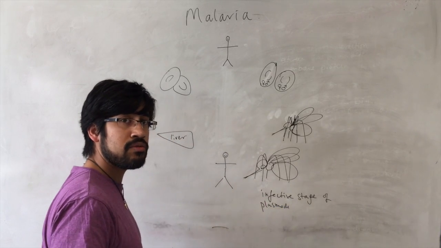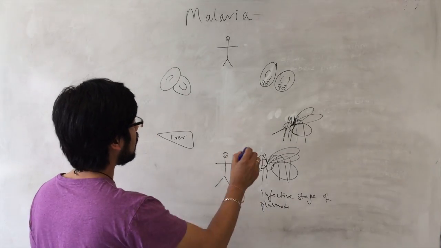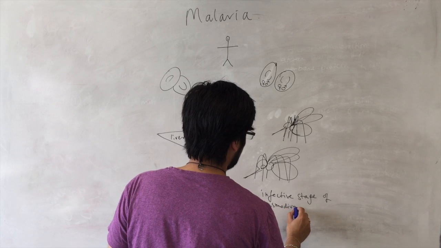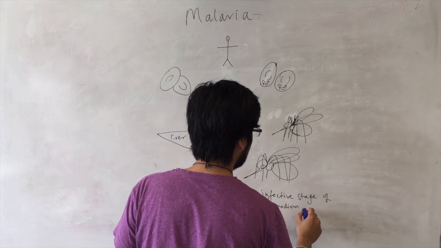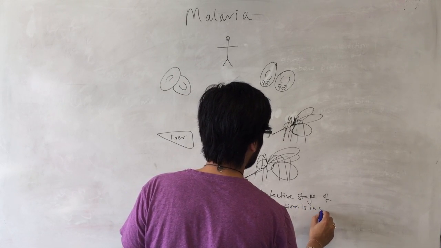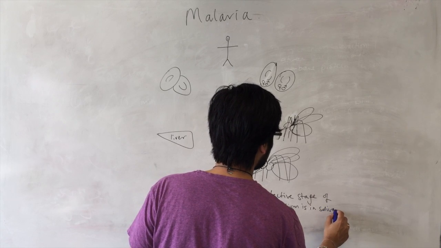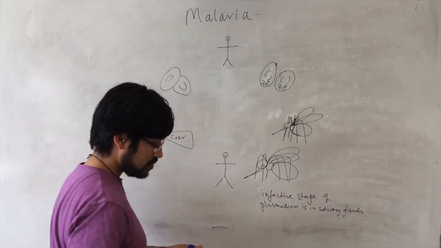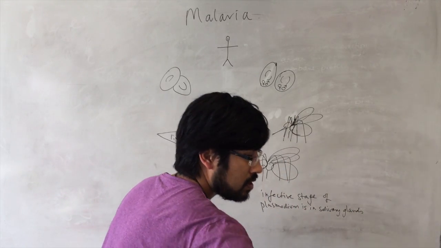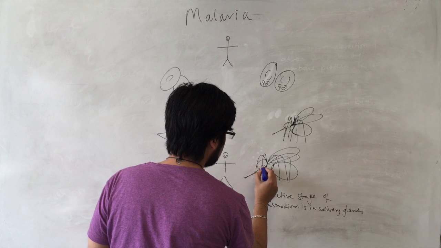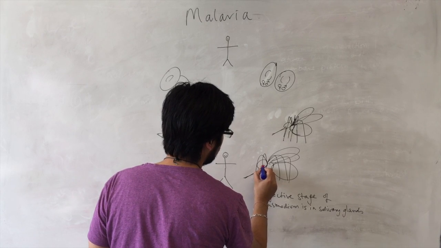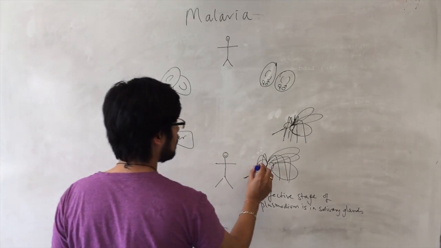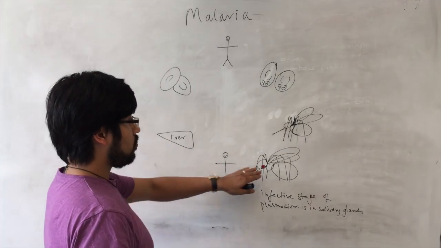It goes through a number of stages in its life cycle, and that's what's being shown here, right? So, infective stage of Plasmodium is in salivary glands of this mosquito, right? So what we'll do is maybe just show where the Plasmodium is with red, okay? So the red right now is in the salivary glands of this mosquito.